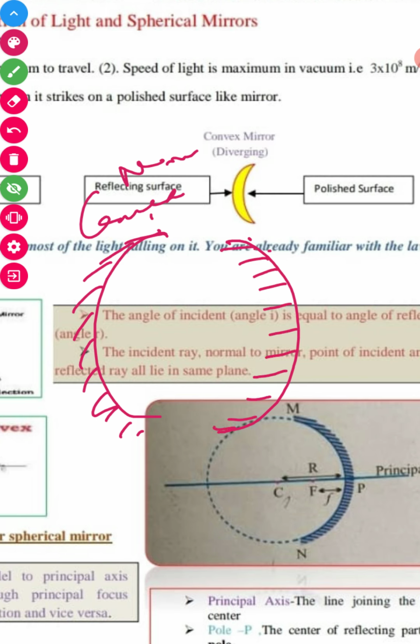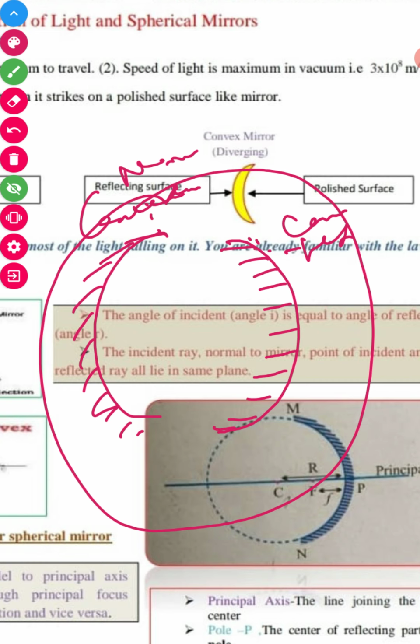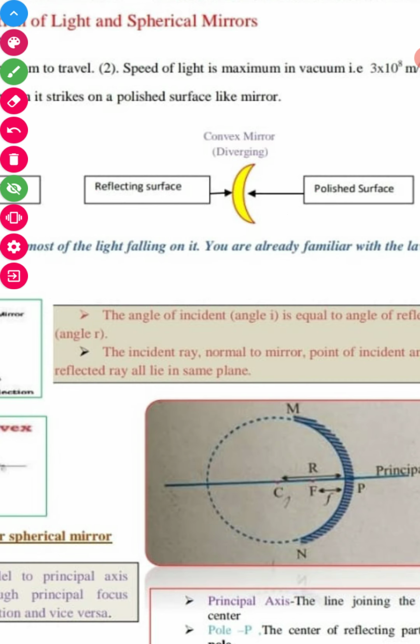This is convex mirror and concave mirror, through which this is we have concave, and this is we have convex mirror. And if you just see through it, this forms completely a spherical mirror.